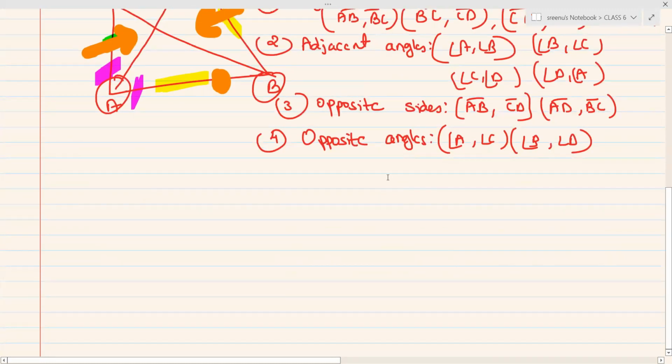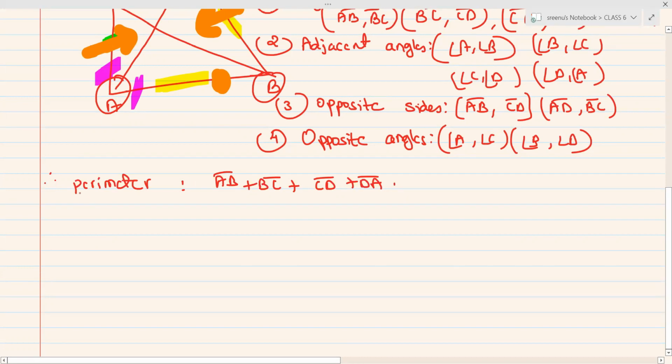Then perimeter of a quadrilateral. How do we find perimeter? Perimeter is the sum of all the sides: AB plus BC plus CD plus DA. Next, diagonal. Here we have a formula for diagonal. The line segment joining the opposite vertices of a quadrilateral is called the diagonal.